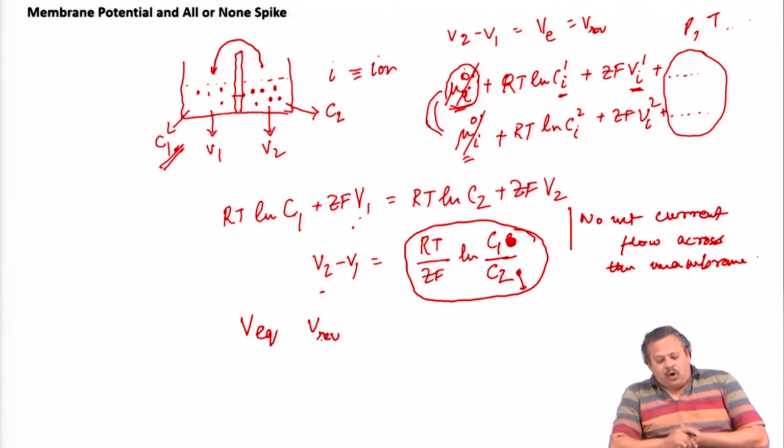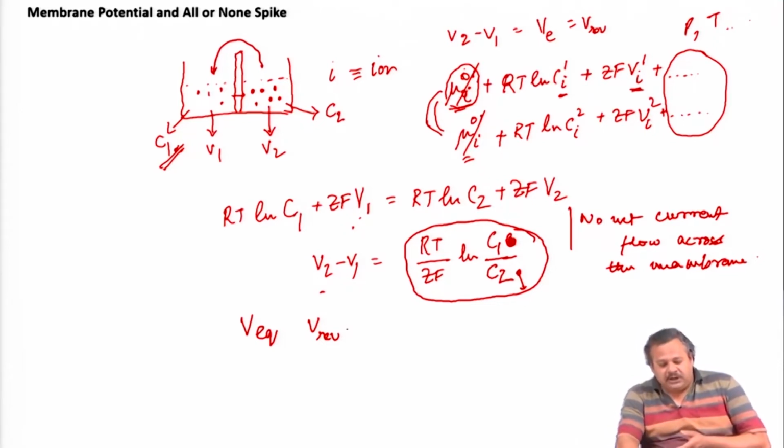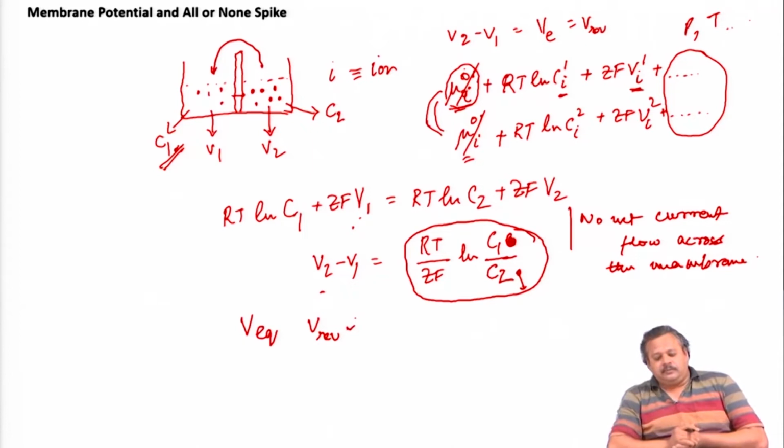Then what amount of current will flow across the membrane, or in which direction that ion will flow, will be determined by the actual membrane potential difference and the reversal potential for that particular ion.